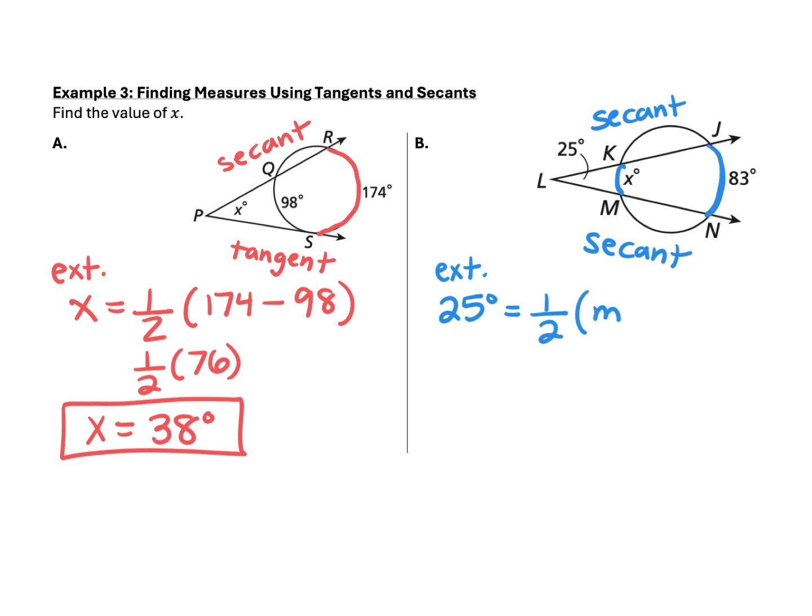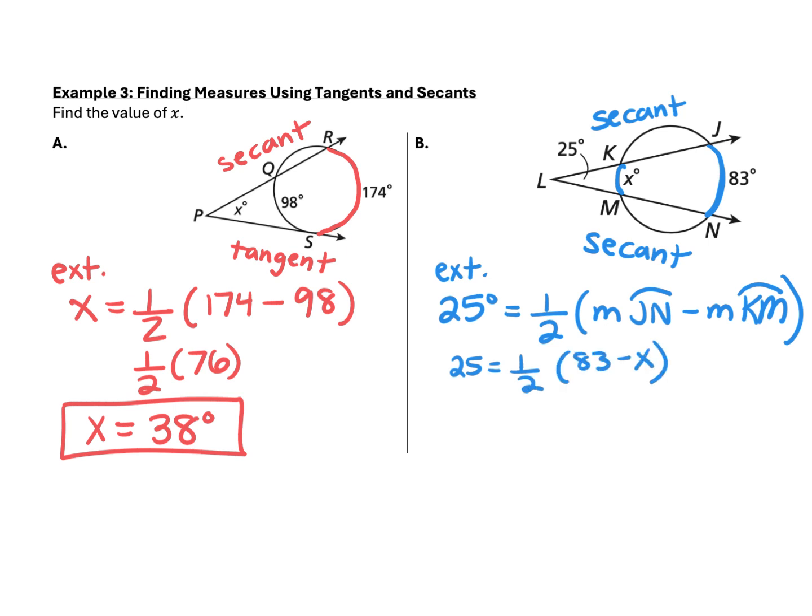So that's arc JN minus the measure of arc KM. Plugging in the values that we know, 25 is equal to 1/2 of 83 minus x.